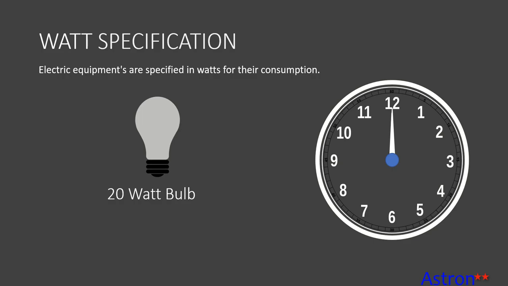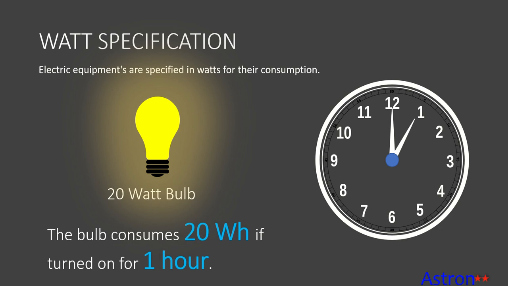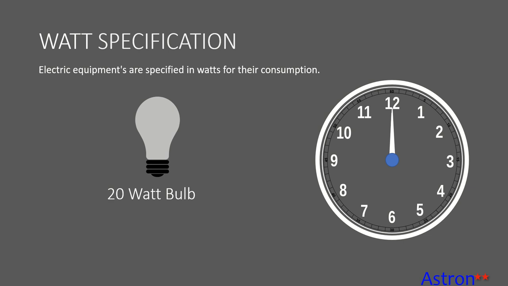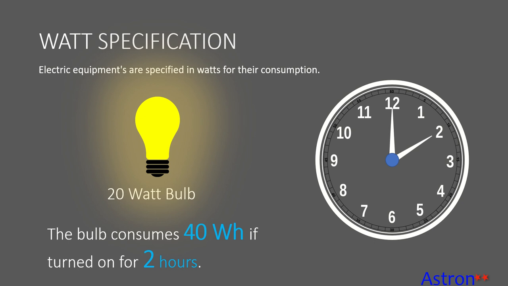Let's see this with a few examples. If this bulb is kept on for 1 hour, it will consume 20 watt hours because it is a 20 watt bulb. If the same bulb is kept on for 2 hours, it will consume 40 watt hours because it is 20 watts multiplied by 2 hours.